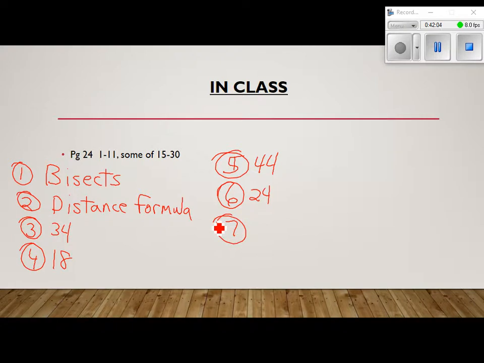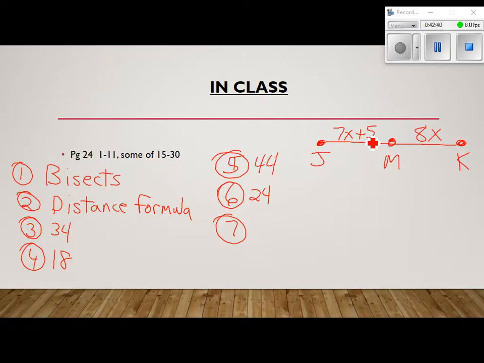Oh, number 7 is a little harder. Identify the segment bisector, then find the length of segment JM. So we have this picture. That's J, that's M, and that's point K. This is 8x, and this is 7x plus 5.